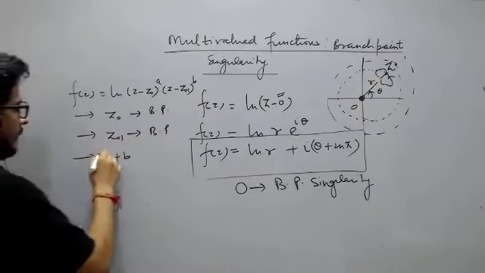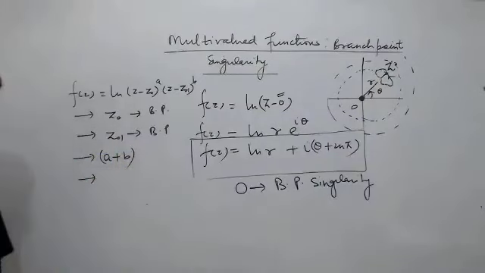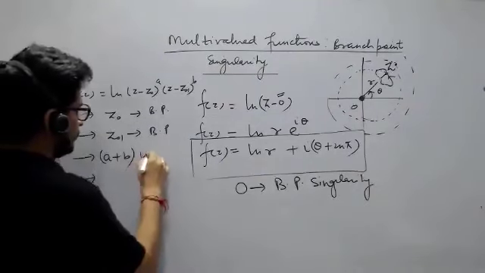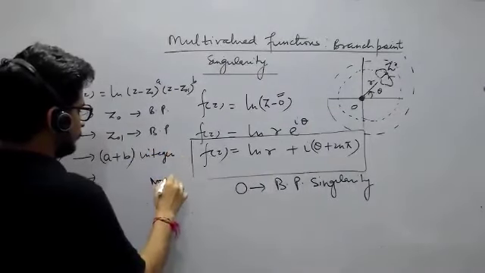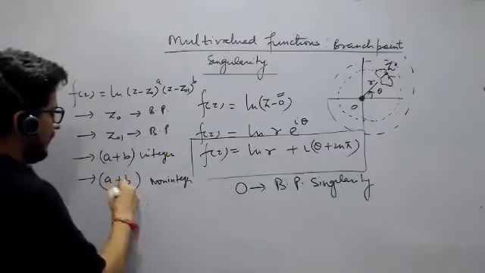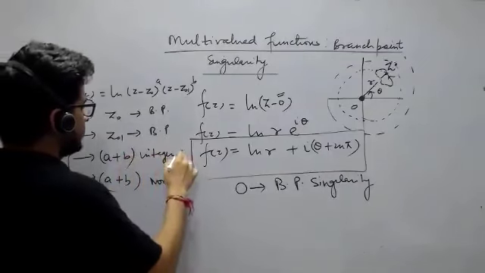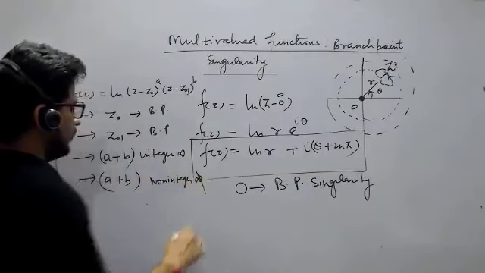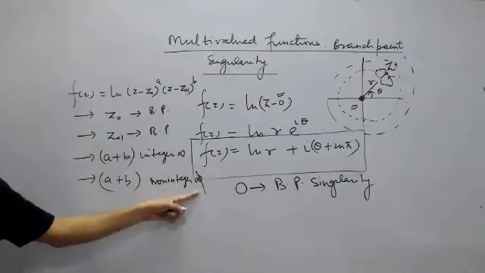If the value of a plus b is an integer or non-integer, depending on that, the value of infinity as a branch point will be considered. So here infinity will be included and here it will not be included.